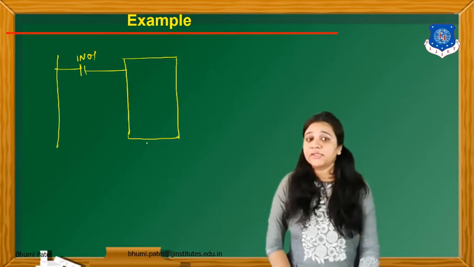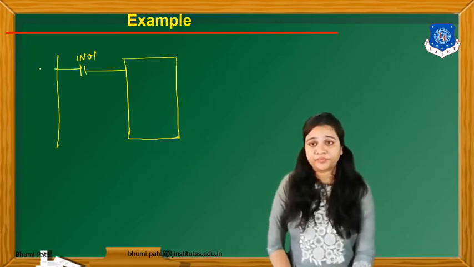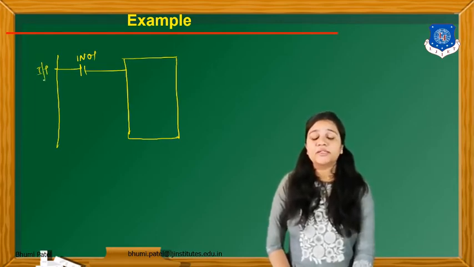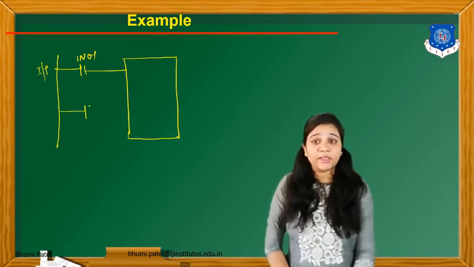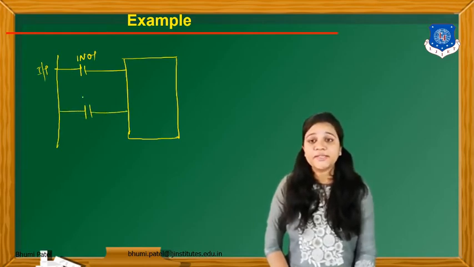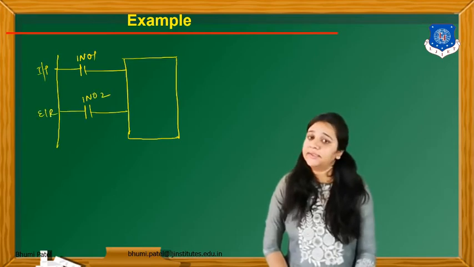So the first condition is the input switch, this is my input. The next condition is that we connect the enable or reset pin, and we take its name as IN02.